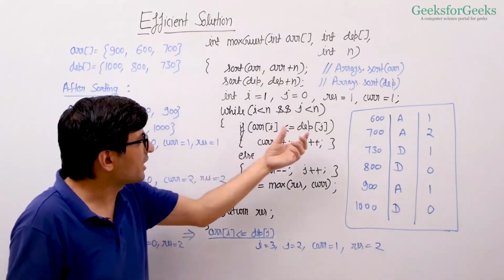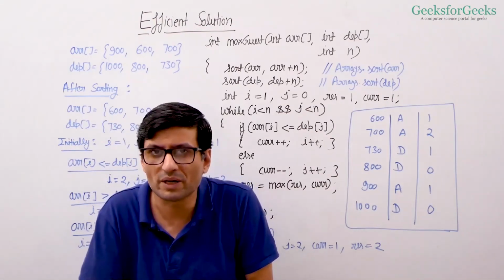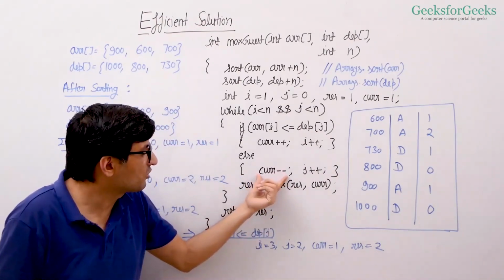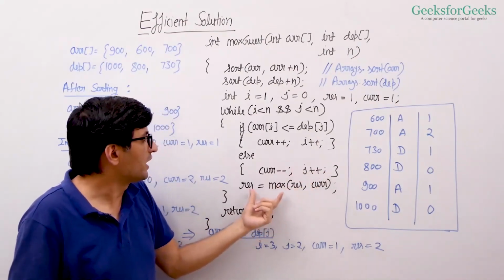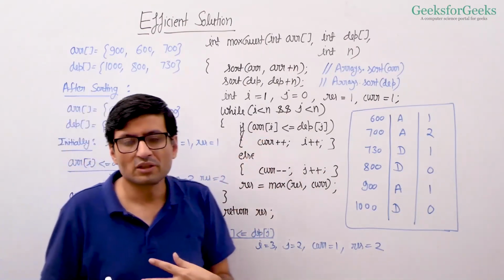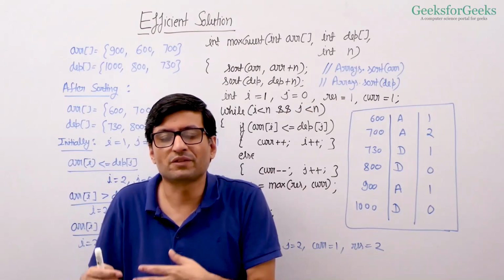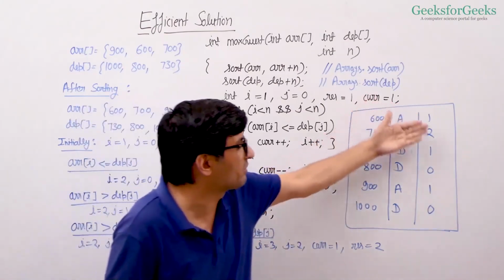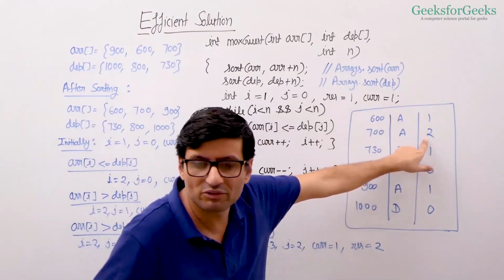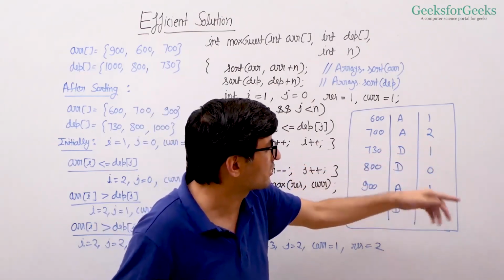And if current departure is smaller than current arrival, if the next event is a departure, then decrement the current count and go to the next event in the departure array. And whatever you do out of these two, you compare the current with the result. If result is less than the current, then you update the result. You basically are checking when you get the maximum result. So at this moment, you will have the maximum result as 2, right? And result will be updated here. It won't be updated after this.